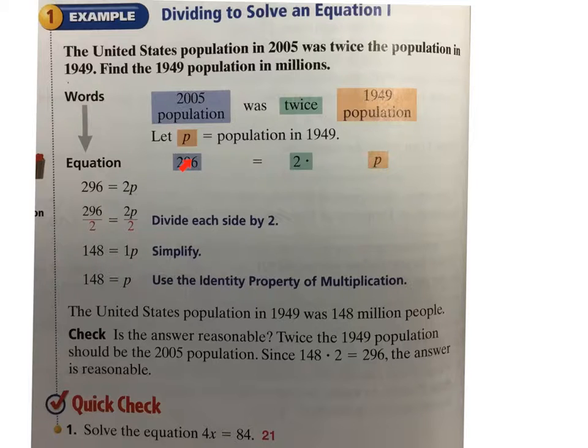I forgot to stick that in here, but anyway, if we know that P is population 1949 and current is 296 million, equals 2P, we can just go back and divide both sides. So again, our goal is to get that P by itself, divide both sides by 2, and we find that 1P, or population 1949, was 148. Again, dividing the same thing on both sides.